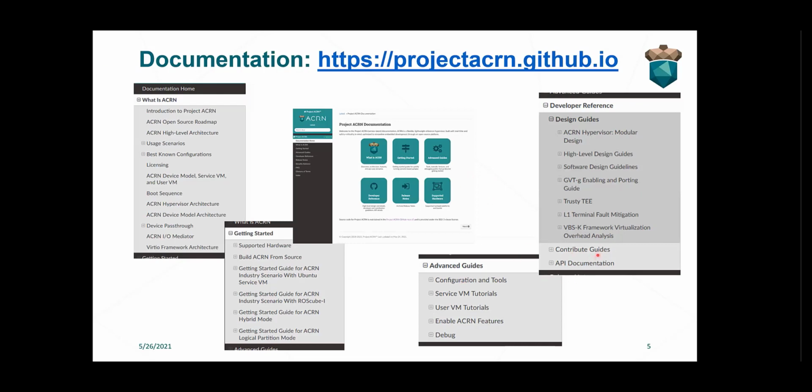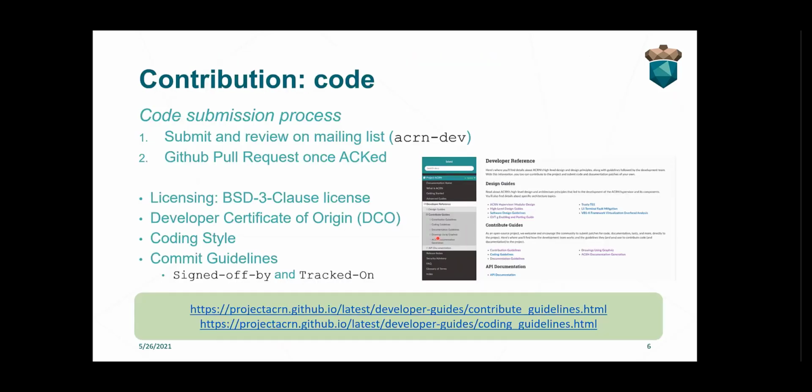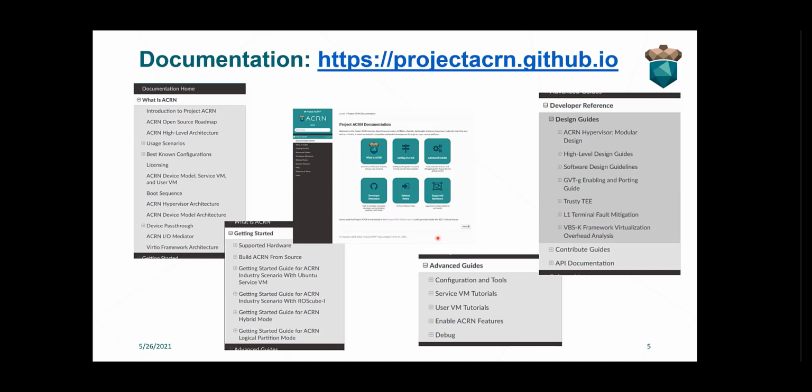This is also where we document APIs, and we have a number of guides on how to contribute code and documentation. Again, I'll go through some of that a little later. So this is the main landing page. Like I said, these are the sections, and you can always just navigate through the different sections using the navigation panel on the left-hand side.